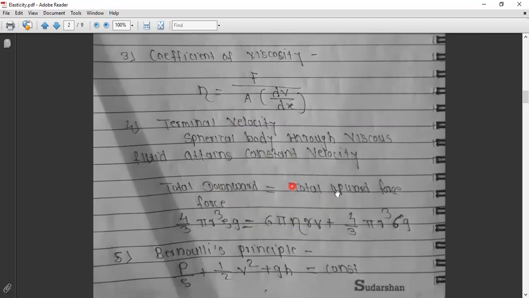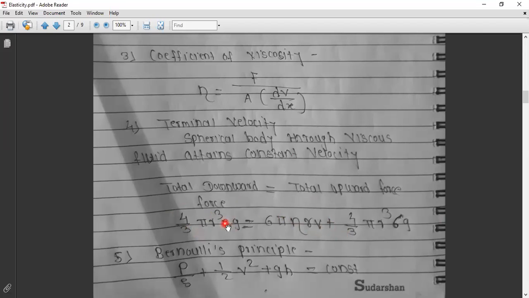According to the Stokes law, when any small spherical body passes through the liquid, then the viscous force acting on this body is directly proportional to the coefficient of viscosity as well as radius of the spherical body and the velocity of this body. So this is viscous force, and this is the force due to the liquid, and this is the force of this body, or you can say that this is mg. Put the value of m, which is nothing but volume into the density.